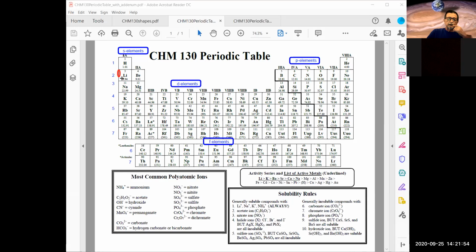If we look at lithium compared to potassium, what they both have in common is obviously they're metals, okay? But they also have in common one valence electron. What they differ in is that lithium only has 3 electrons total and potassium has 19 total. But they share the fact that they have 1 of their total in the outermost shell.